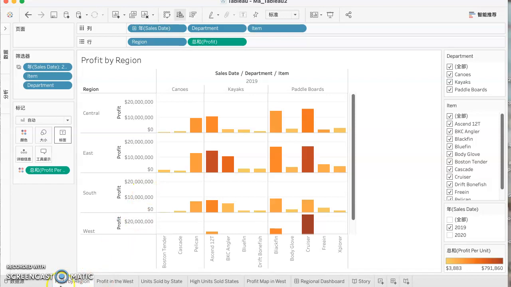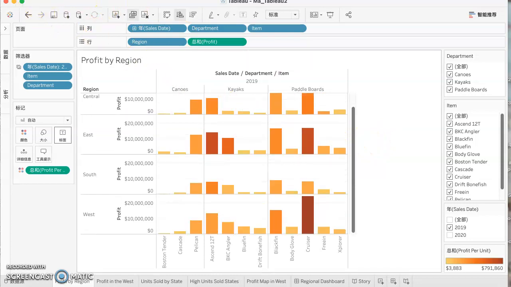It's the profit by region. In this sheet, the darker the color of the bar, the higher the profit per unit.